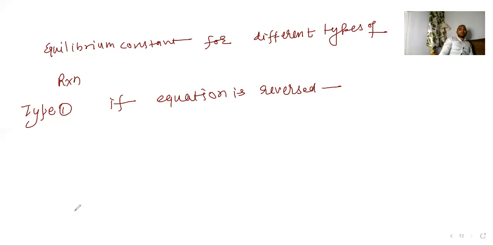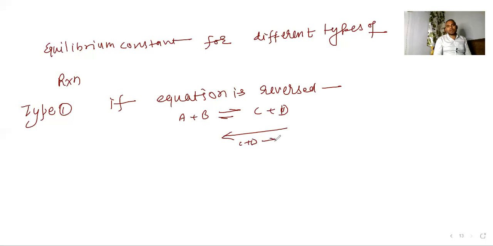If you are reversing the equation, suppose I have A plus B giving C plus D. They are saying to calculate for the reverse reaction. How to calculate? Reversing means C plus D is splitting into A plus B. The new equilibrium constant Kc dash is equal to 1 upon Kc.